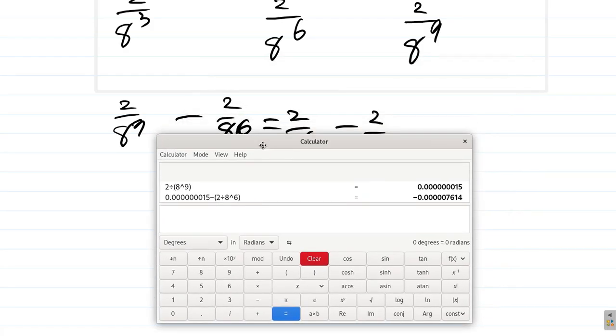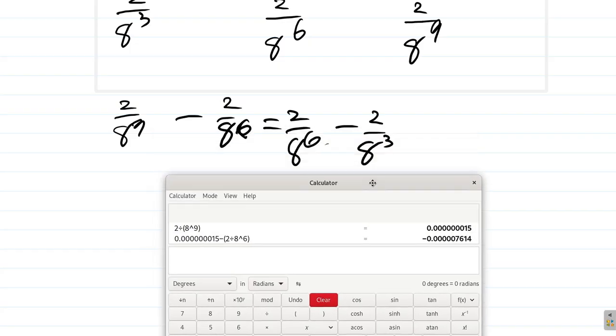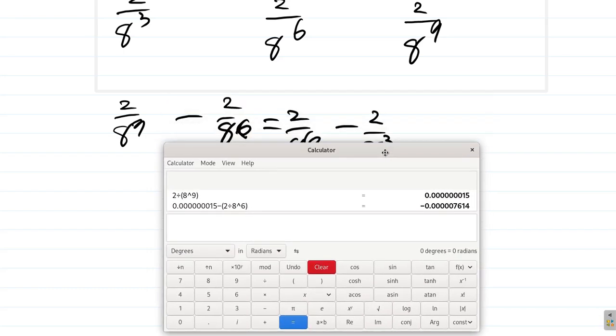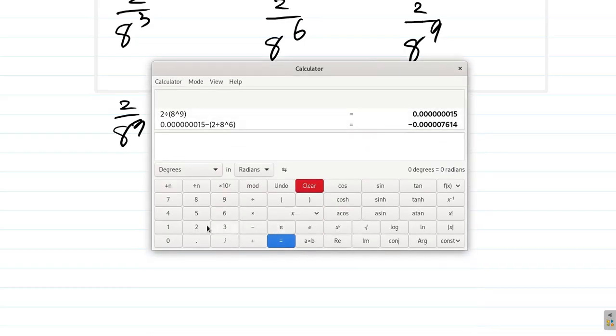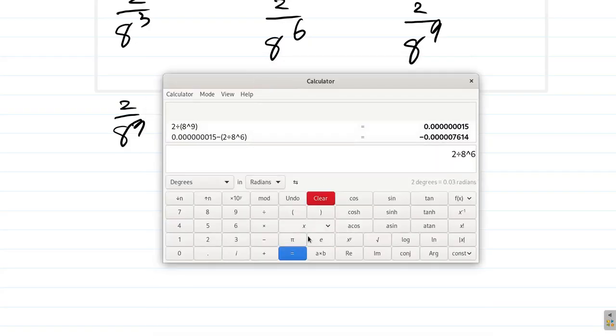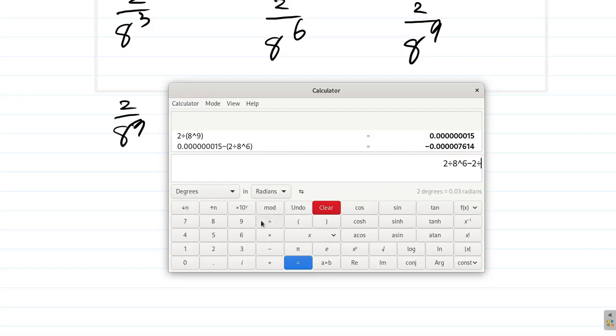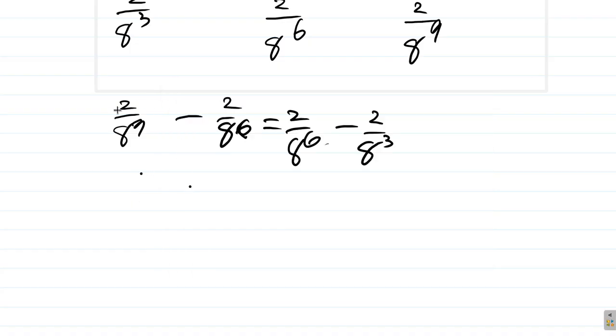But if you take 2 over 8 to the 6 minus 2 over 8 to the 3, you get something different, showing that it would not be an arithmetic progression. It would be a geometric progression.